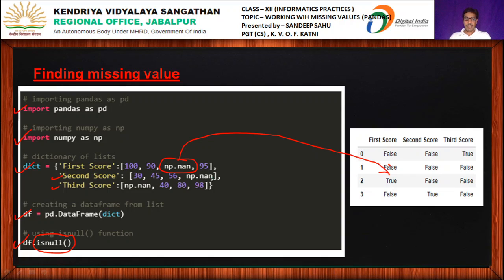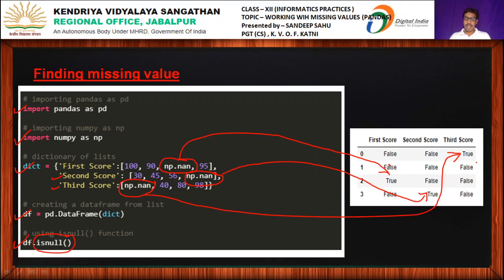Similarly, in second score, the last value was NaN, and that's why in the output you are seeing the last value of second score as True. Now in third score, the first value was NaN, and that's why in the output under third score the first value is True.